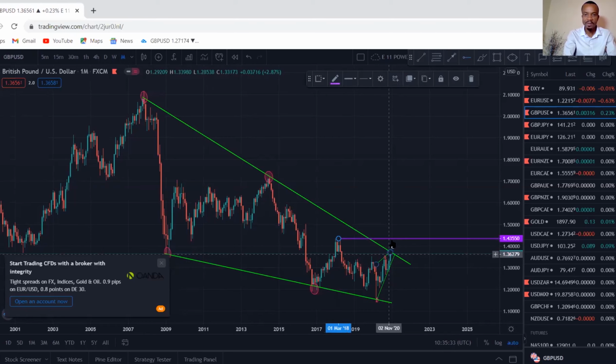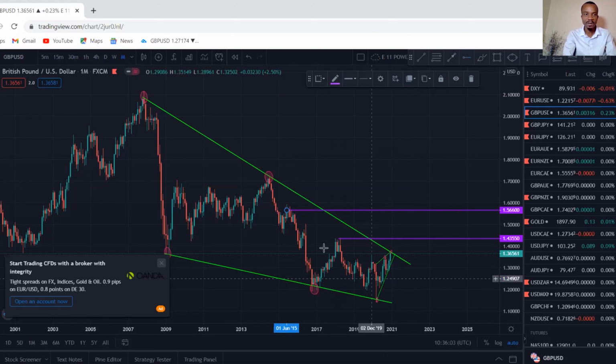If price breaks above this level at 1.42991, the price might shoot to the upside, and then come and test again this level around 1.56700. But at the moment, price is still trapped within this decelerating channel.